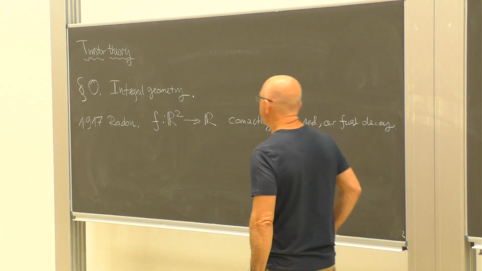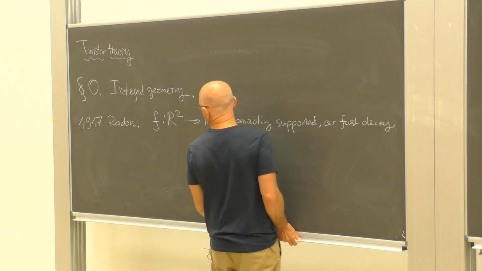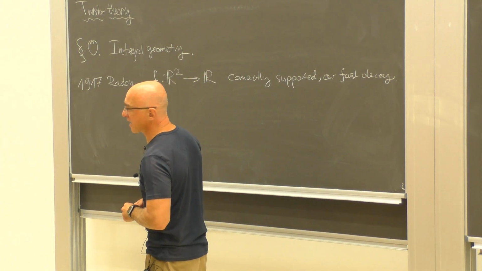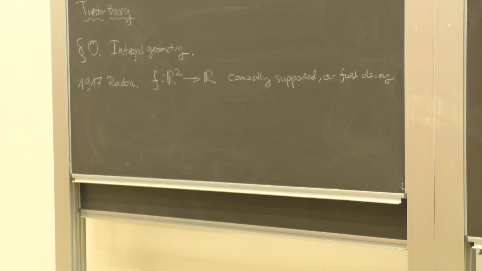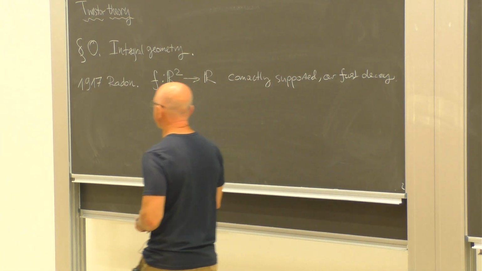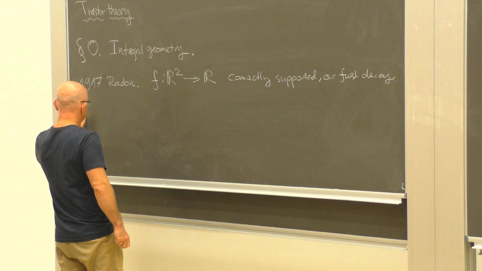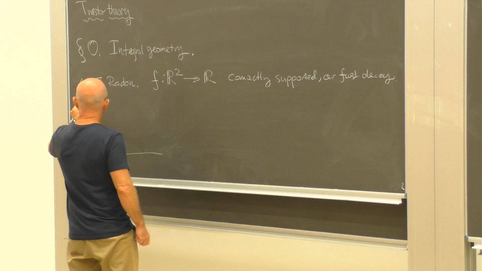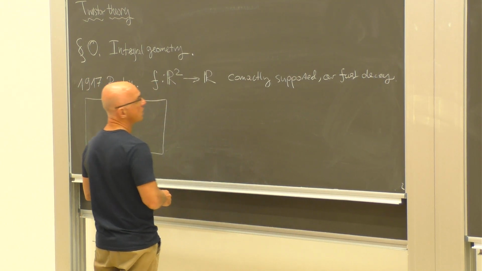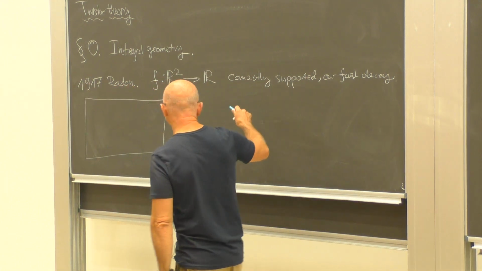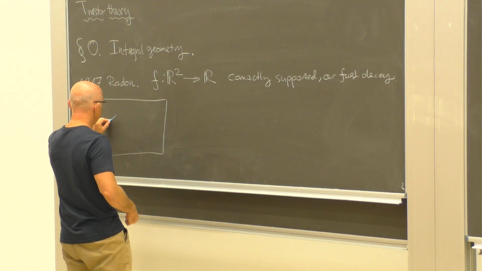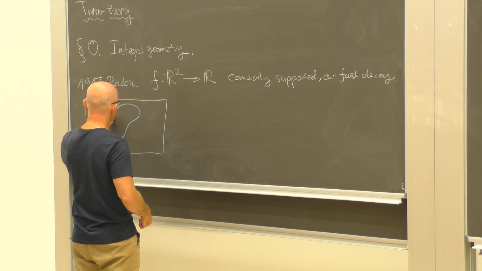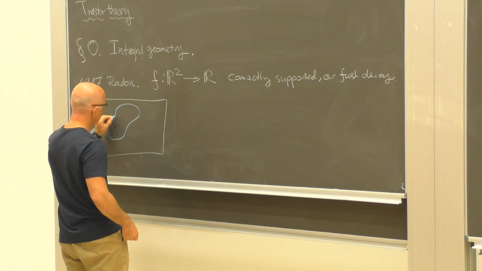Okay. Now what you want to do is construct another function out of f on the space of oriented lines on the plane. Okay, so this is a plane, and let's say that we work in the setup that the function is supported on some set. So there is some set on the plane where this function is non-zero.